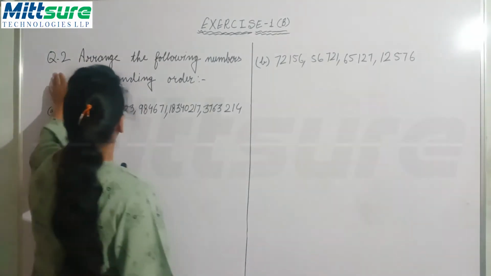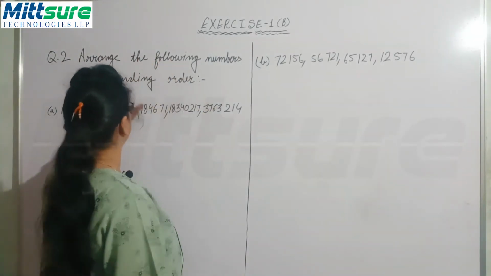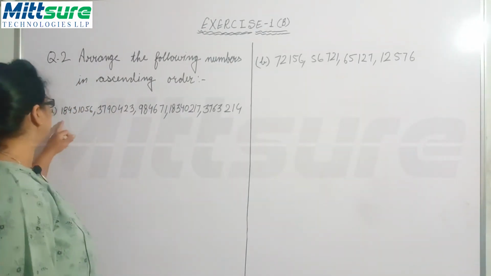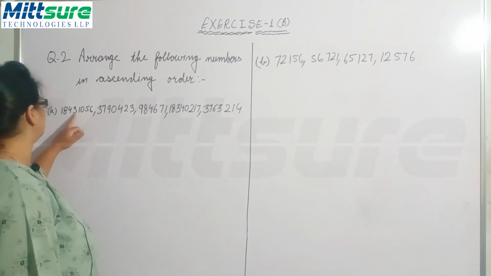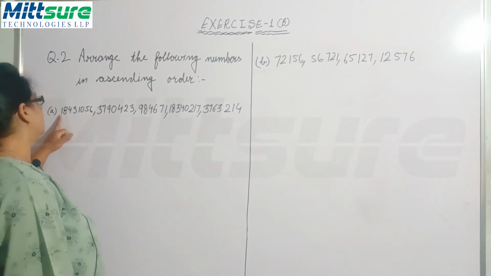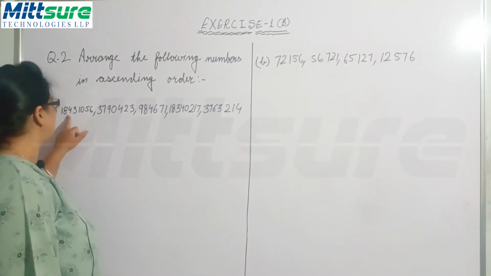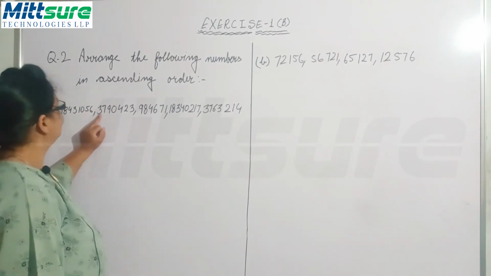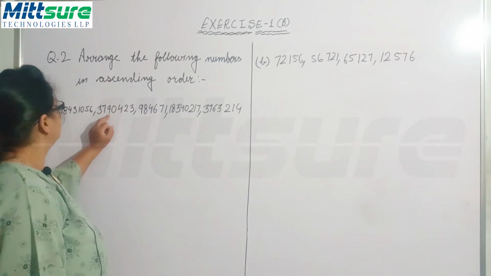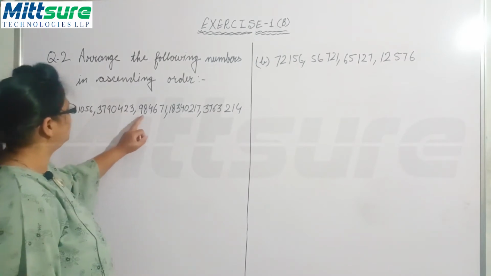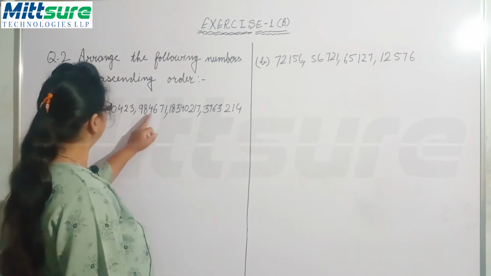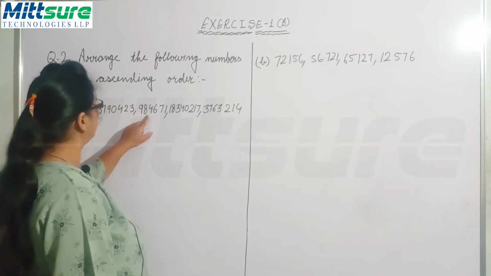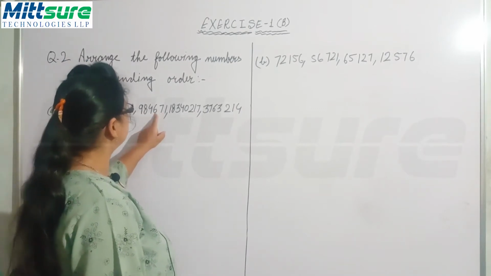Our next question is to arrange the following numbers in ascending order. What are the numbers? This is 1 crore 84 lakh 31,056. And this is 3 crore 79 lakh 423. This is 98 lakh 4,067 671.